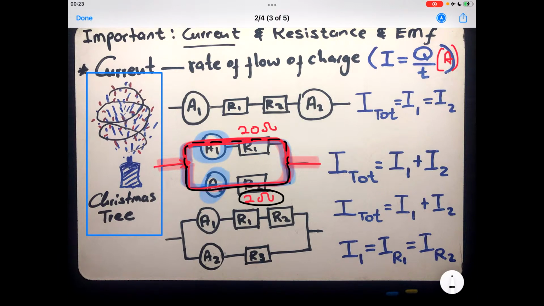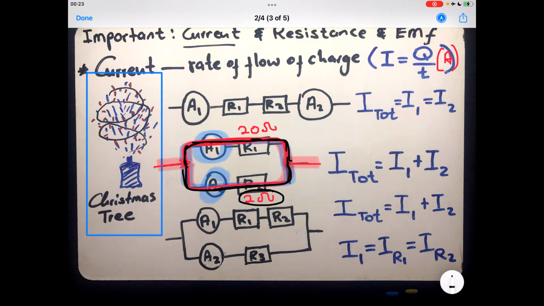So it's more like the pipe on this side, the diameter is smaller because it's trying to resist. But in this case, the diameter of the pipe is bigger because there is little resistance. It's not trying to resist the flow.